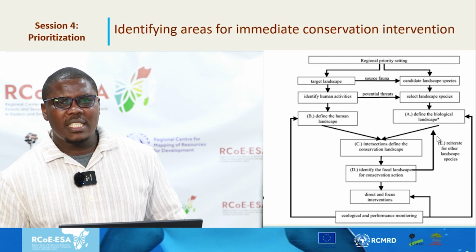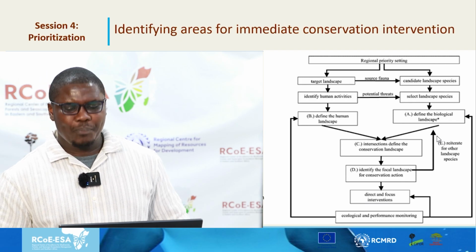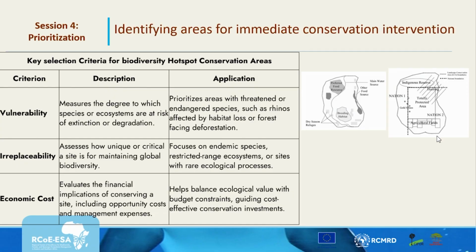It could be species conservation, it could be ecosystem conservation. So for these areas, the vulnerability, or the criteria for selecting the biodiversity hotspots, we're talking about how vulnerable this area is. Vulnerability measures the degree to which the species are at risk of extinction.